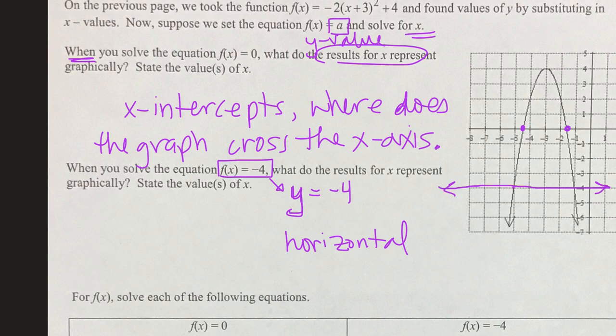If we solve that equation, we're going to figure out what are the x values from your graph where the y values are -4. Okay, so that's the result. The x represents the x-coordinate where your graph has a y value of -4. Okay, in other words, that would be at -5.